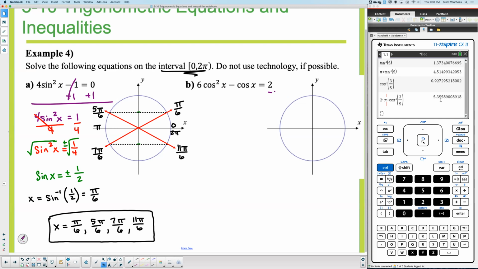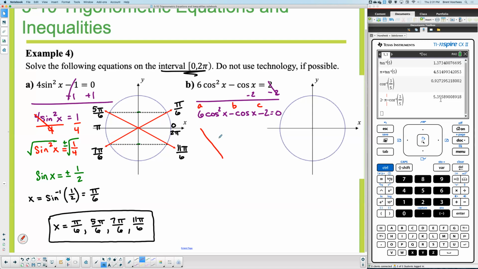So I'm going to subtract 2 from both sides. So 6 cosine squared x minus cosine x minus 2 equals 0. That 6 refers to our A. -1 is going to be our B. C is -2.